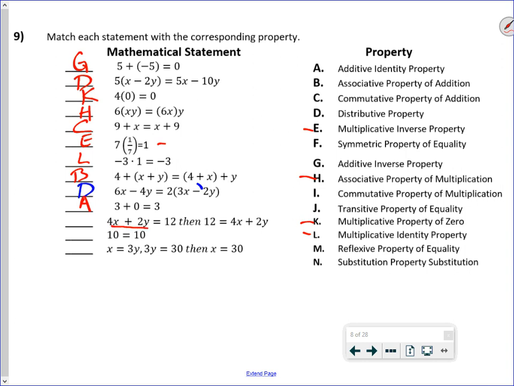This is the A equals B, then B equals A, which is the symmetric property. Any number equals itself is the reflexive property. And then here we have what the problem we just did, which is the transitive property.